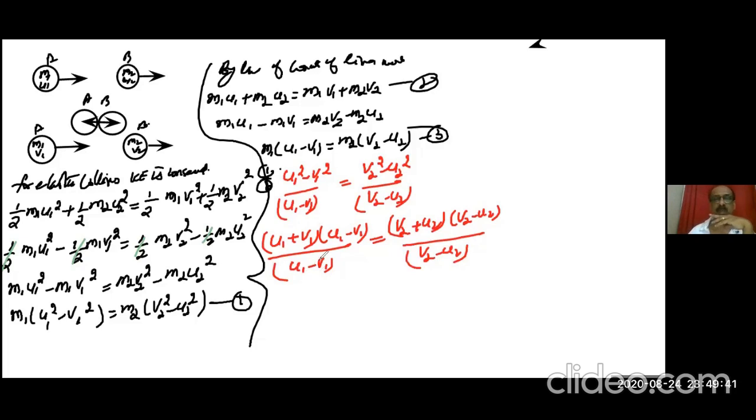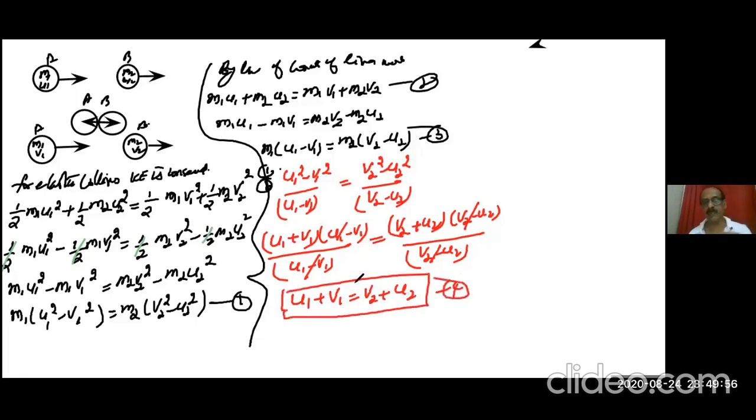Now u1 minus v1 cancels, v2 minus u2 cancels. Then u1 plus v1 is equal to v2 plus u2. This is equation number 4. Have you finished up to here? Yes, sir. Now I am removing this part, okay?